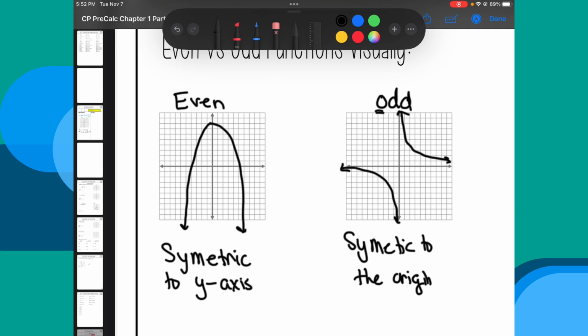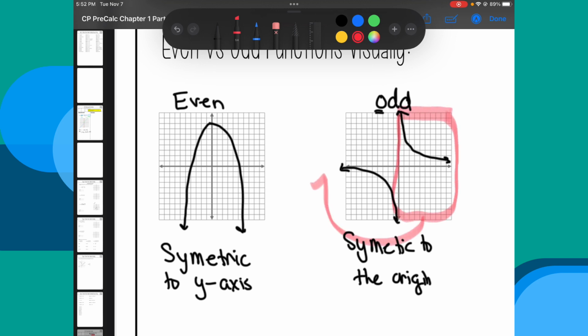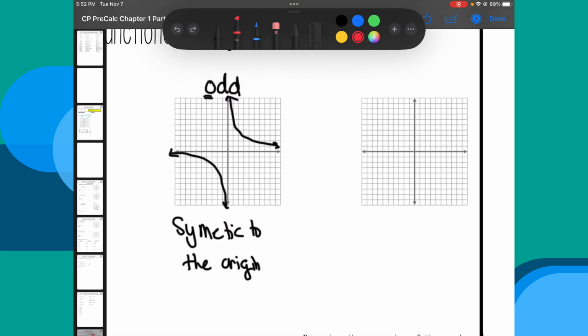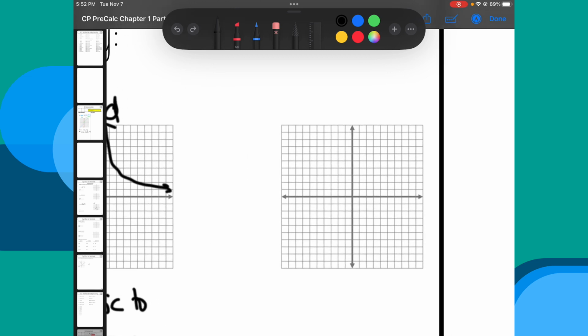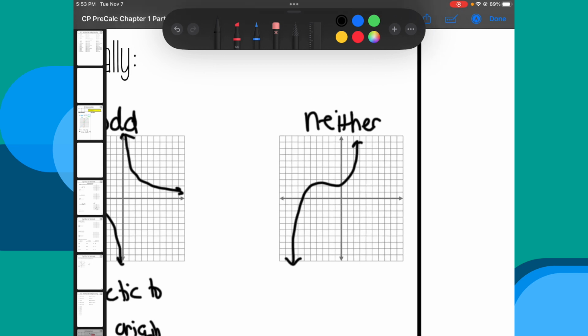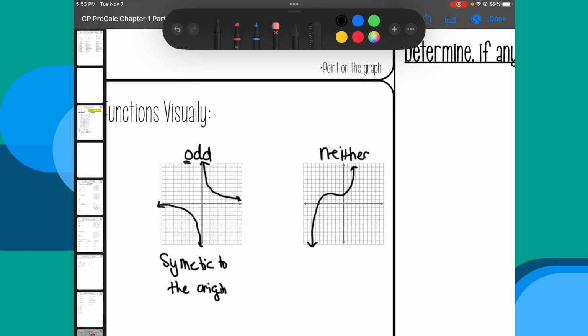For even, if you fold that paper in half right across the y-axis, the left side and right side should be right on top of each other. Whereas when we're symmetric to the origin, it's like if we take this side and turn it, would it be on top of the other part? And then we also have graphs that are neither even nor odd, and that's pretty common. So maybe you have something that looks like that, and there's no symmetry to the origin or the y-axis.